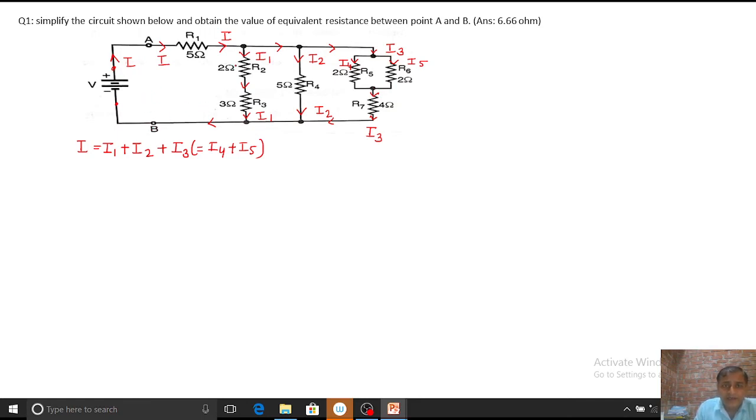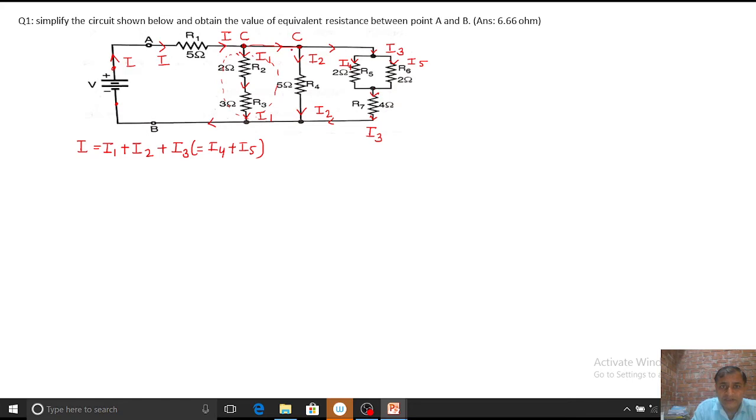First we check which resistances are in series and which are in parallel. So here in this branch R2 and R3 both have the same current, that is I1. And in the branch of R5 and R6, the currents are different, but one point of R5 is connected with a point; assume this point is A, this point is B, and this point is C. This point is C again, because it is the same point.